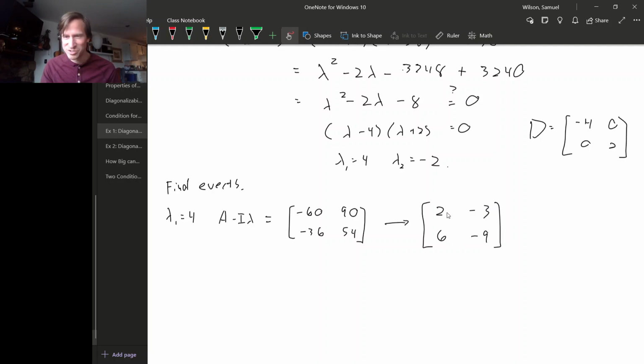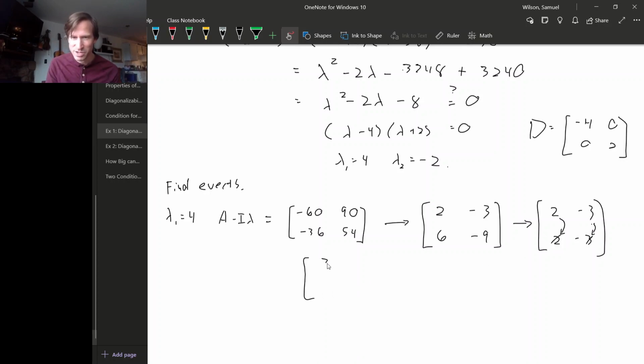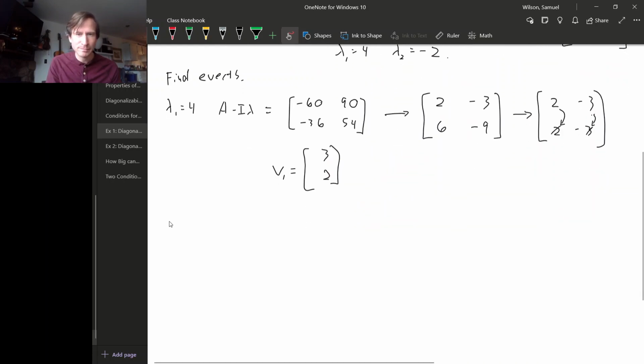Okay, yeah, these two rows are scalar multiples. So this is 2 minus 3, and divide these by 3, 2 minus 3. So then we can row reduce to 0 out these guys. And so a vector in the null space of this is going to be 3, 2. Okay, so that can be our first eigenvector. So that's an eigenvector for the eigenvalue lambda 1.